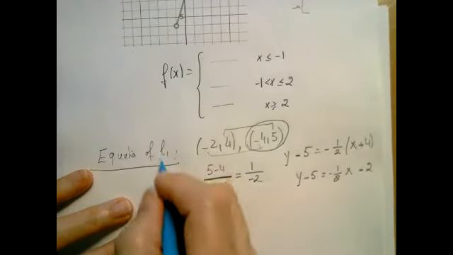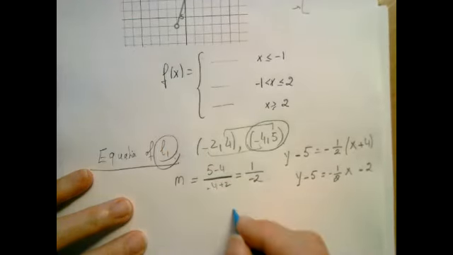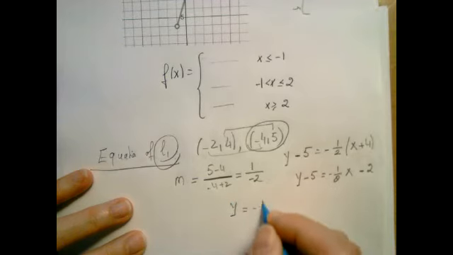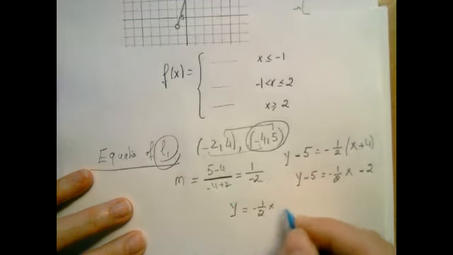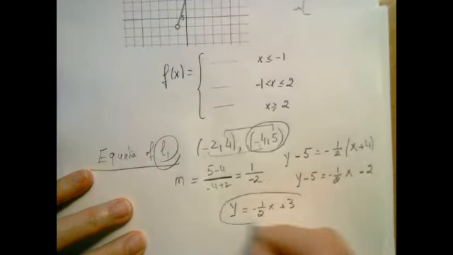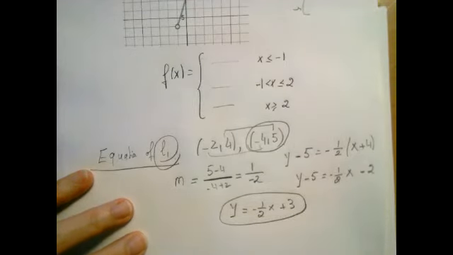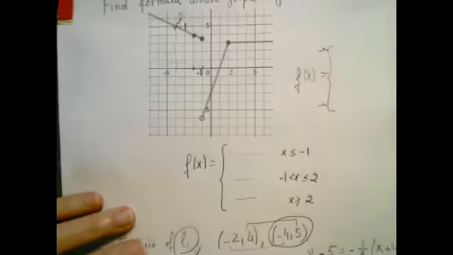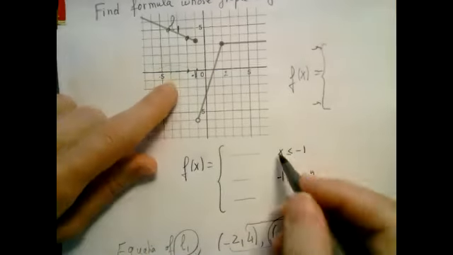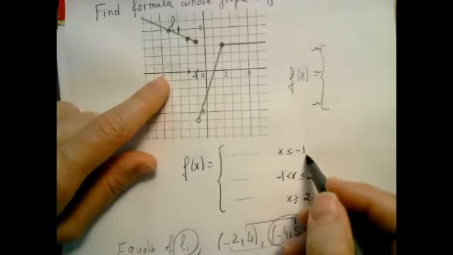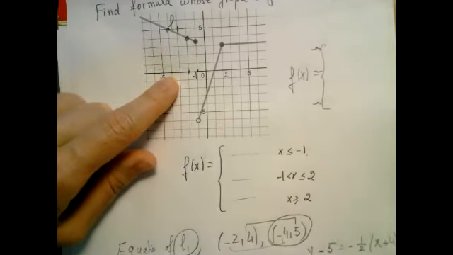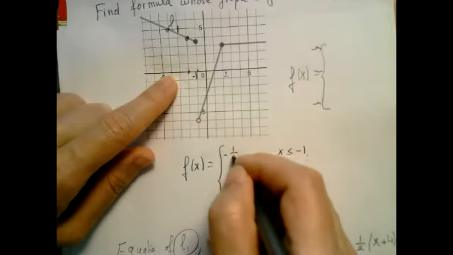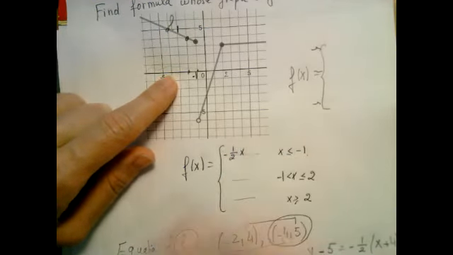It means y equals -1/2 x plus 3. That gives me the equation of the line L1. What does it mean for us? What it means for us is the following. If x is less or equal to -1, the output is -1/2 x plus 3.